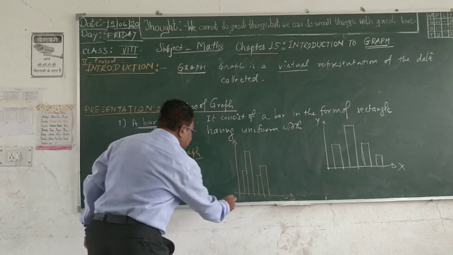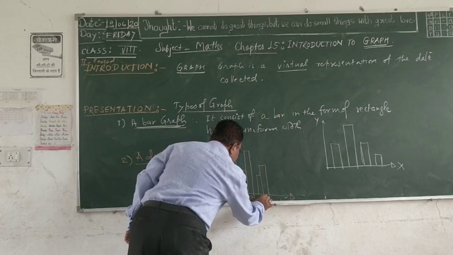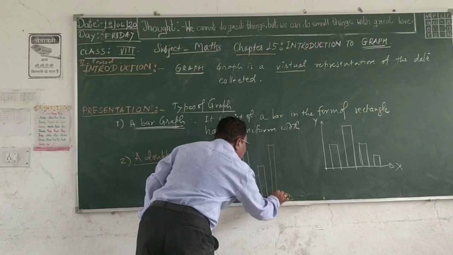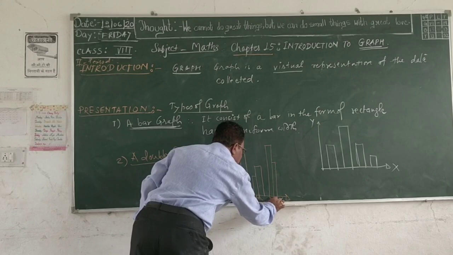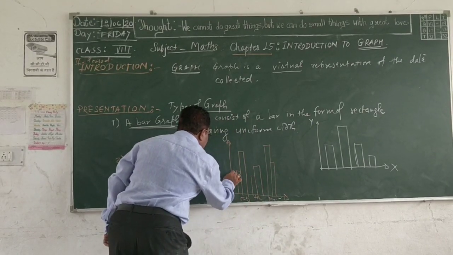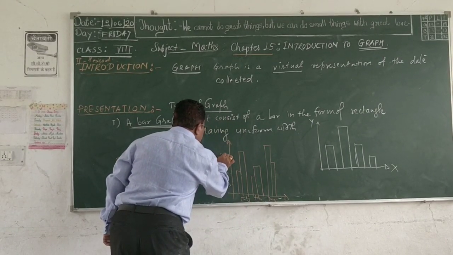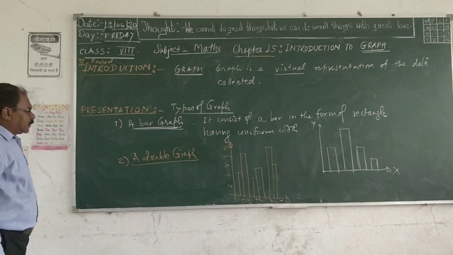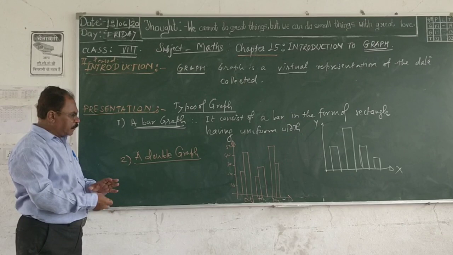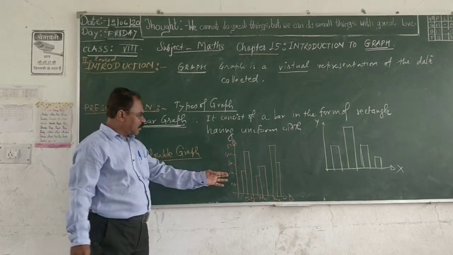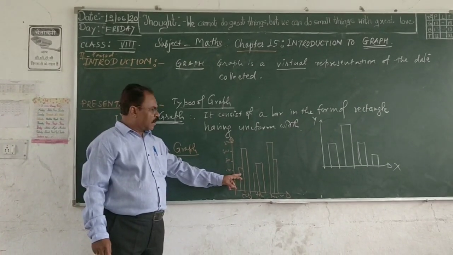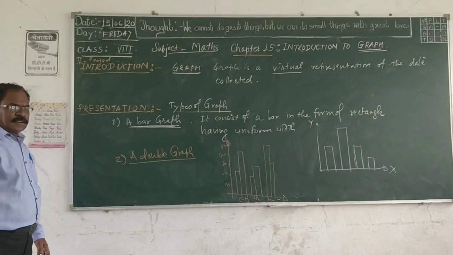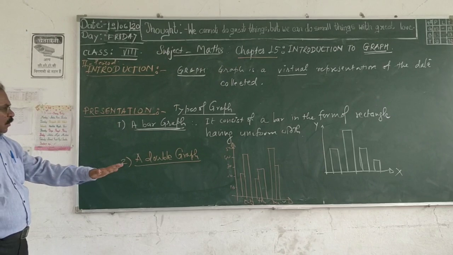English, Hindi and mathematics, and here the marks are given out of 50. So this shows the double bar graph in which we can compare the marks obtained by the students in the first term test and the second term test, and we can compare what the trend is. Trend may be upward or downward.